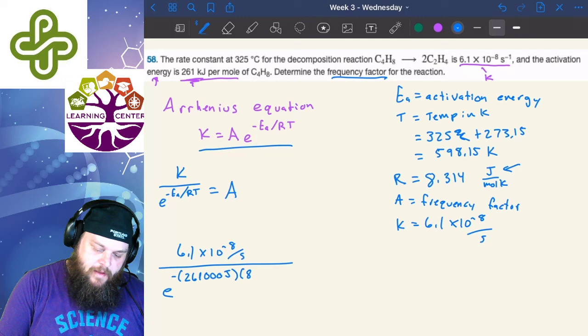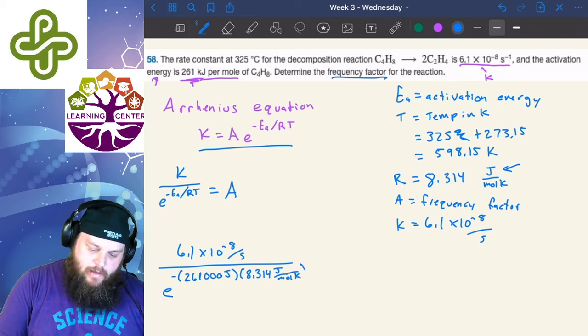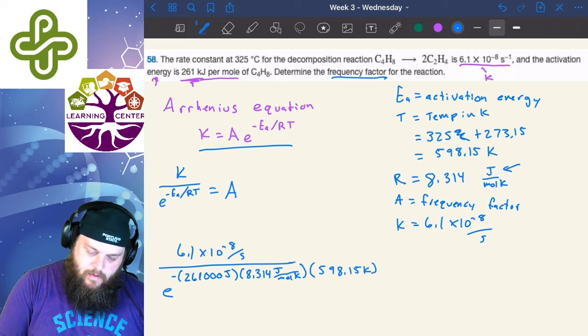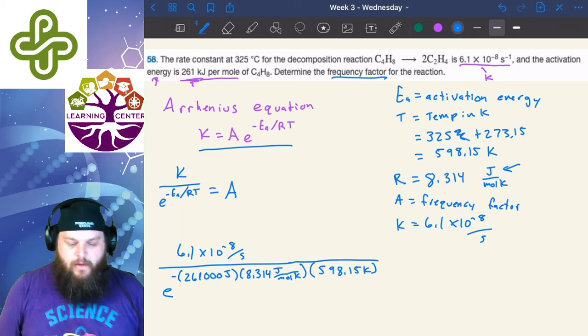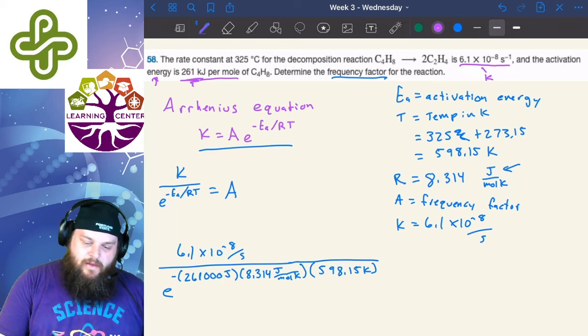Multiply that by 8.314 joules per mole Kelvin, and I'm going to multiply that by 598.15 Kelvin.